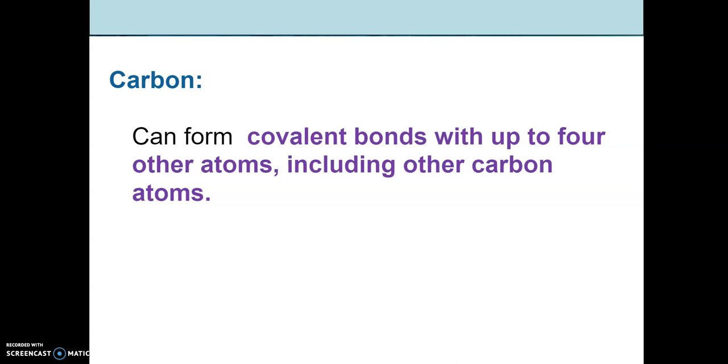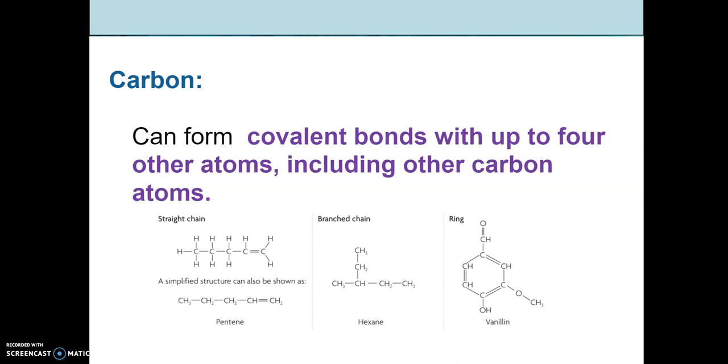So carbon is very important to organisms. A lot of times you'll hear us referred to as carbon-based organisms, and that's because carbon itself can form four covalent bonds with atoms. Those could be carbon atoms, or it could be atoms of different elements.